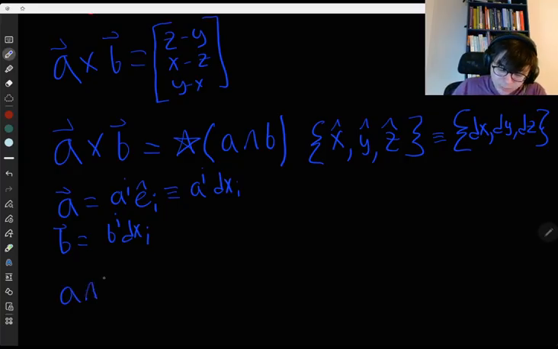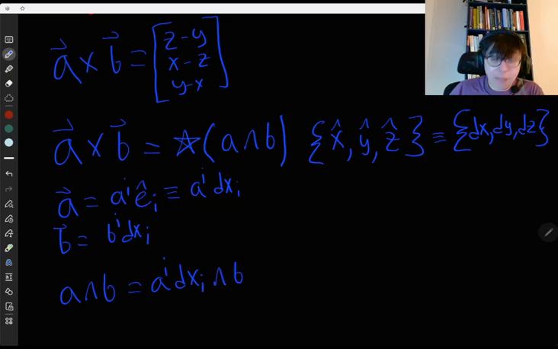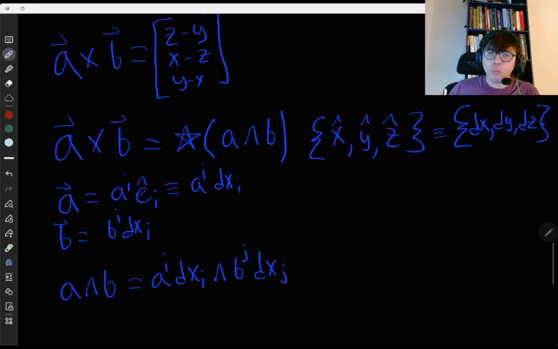A wedge B is going to be AI dxi wedge. In this case, I'm going to pick something that's easy to rewrite if I mess up writing it. So I'm going to pick J dxj. And so above, when we were looking at our wedge products, we didn't care about the components.